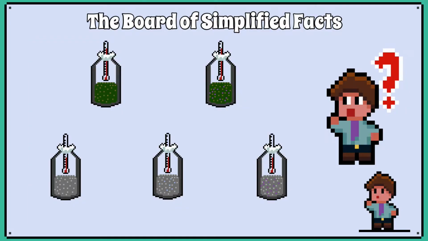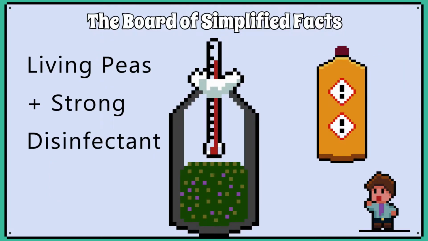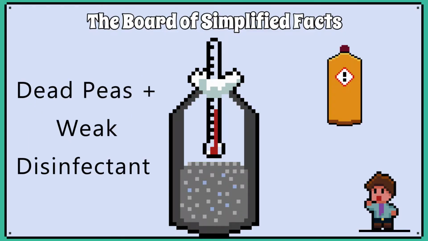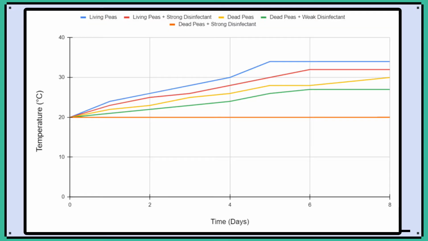I'm going to present a tricky version of this experiment to try and prepare you for the exam. So we now have a setup where we have living peas, living peas with strong disinfectant, boiled peas, boiled peas with weak disinfectant, and boiled peas with strong disinfectant. We see the following temperature changes over time.